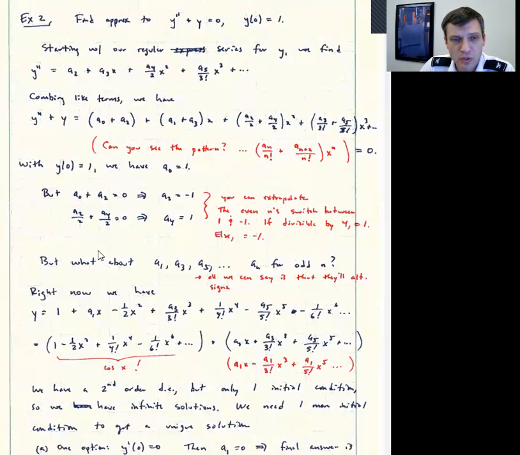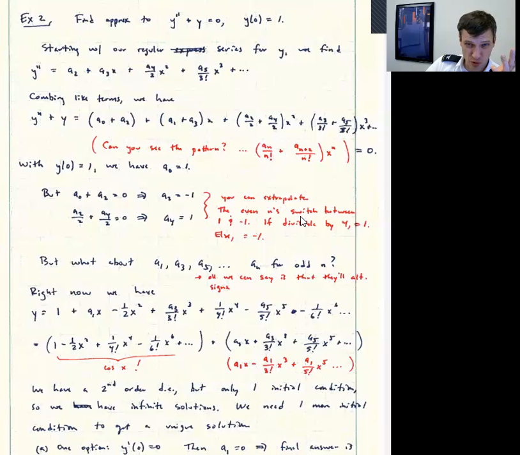But jump 2 places ahead, now I have a2 plus a4, that's going to add up to 0 too. It means a4 is positive 1. And if you realize I'm going from 1 to negative 1 to 1 to negative 1, we can extrapolate that the even coefficients are all going to switch between plus and minus 1.